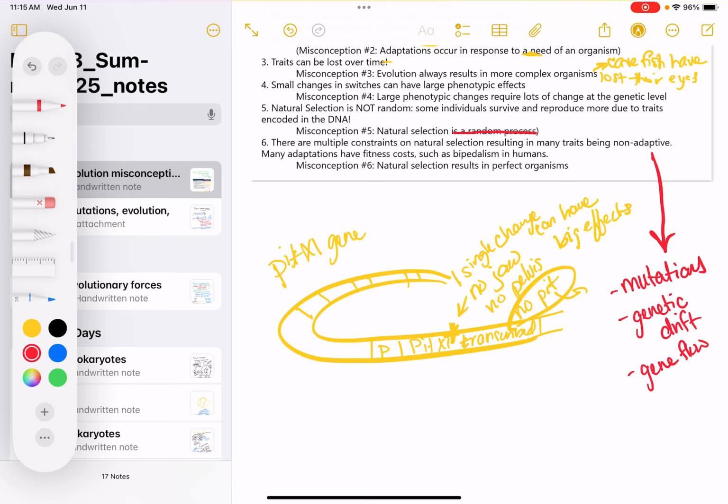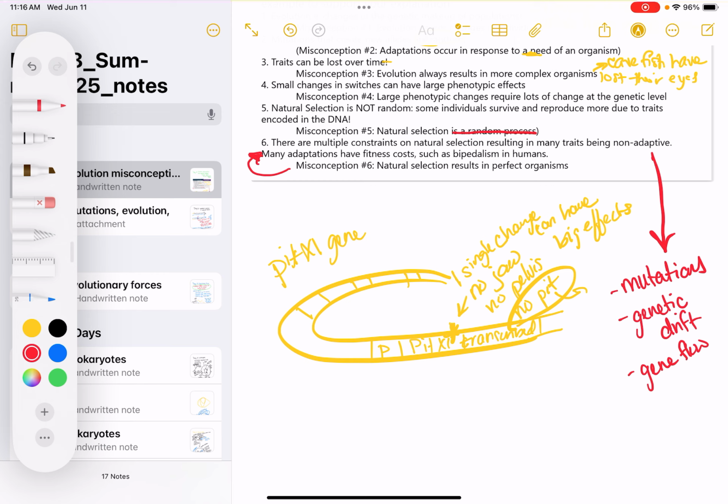And natural selection itself has limitations as well. Here it's showing some examples of those limitations. Again, it would be great if I had 2 sets of arms. I don't have that. I'm not a perfect organism, right? None of us are perfect, and neither are any of the organisms around us, okay?